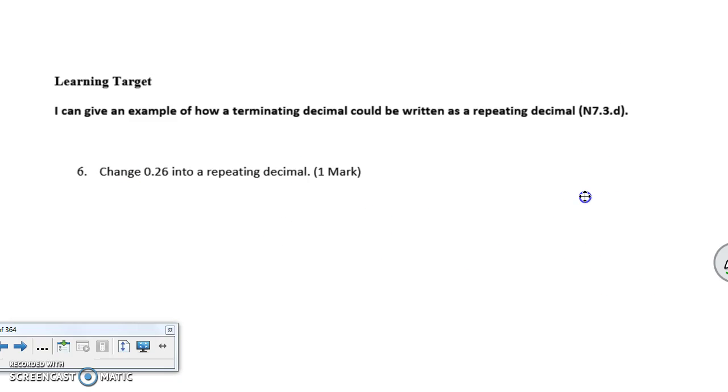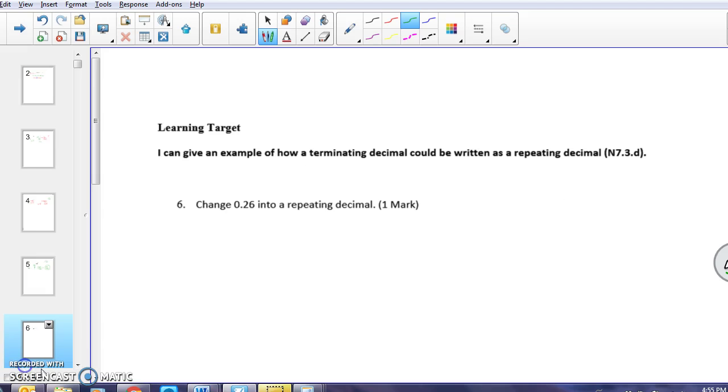Next, I can change 0.26 into a repeating decimal. You need to realize here that 0.26 actually has a bunch of zeros at the end, and adding these doesn't change my equation, so I could think of the zeros as repeating.